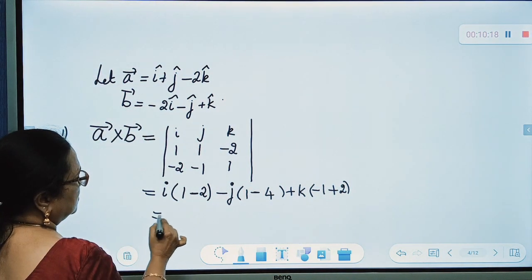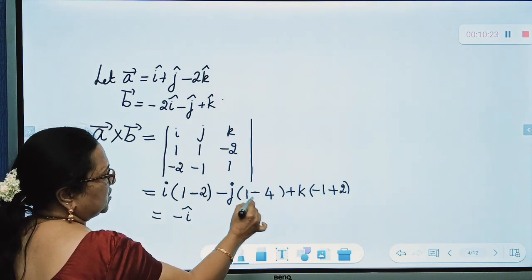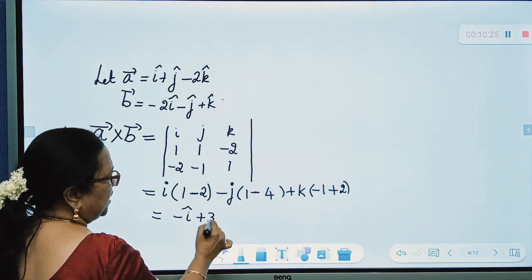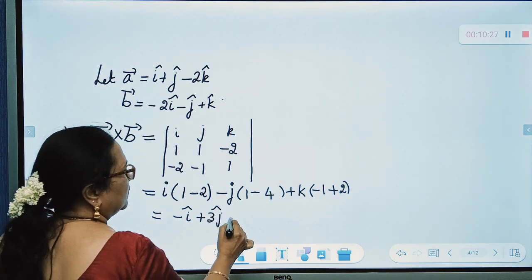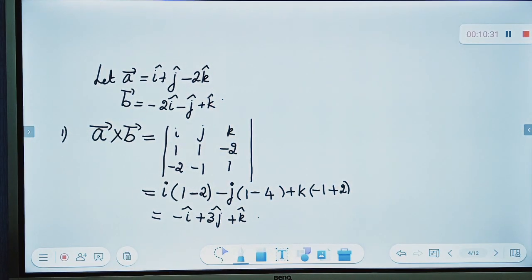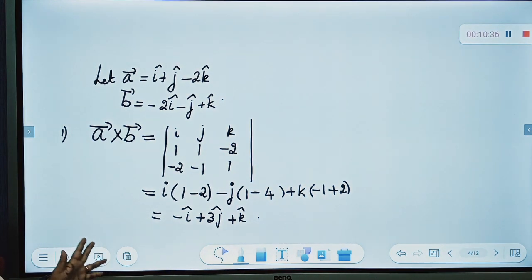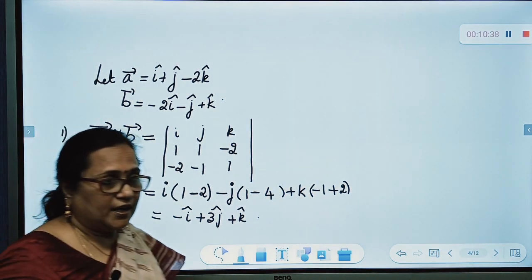So this is minus i cap, this is minus 3, so this will become plus 3j plus k vector. So this is a vector which is perpendicular to the plane of A and B. This is also nothing but the cross product of A and B.